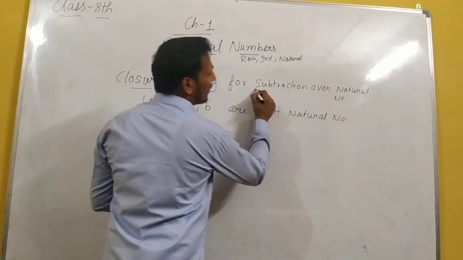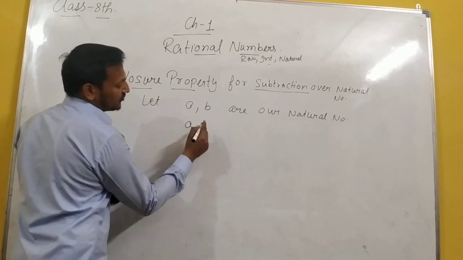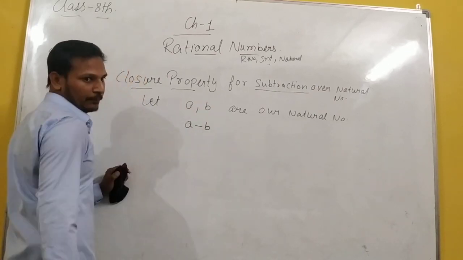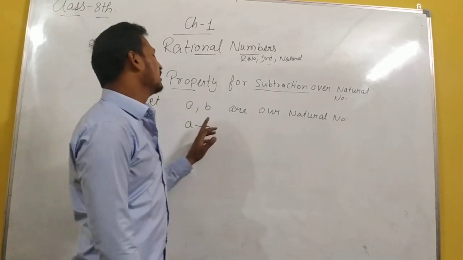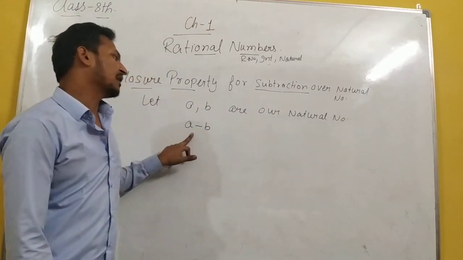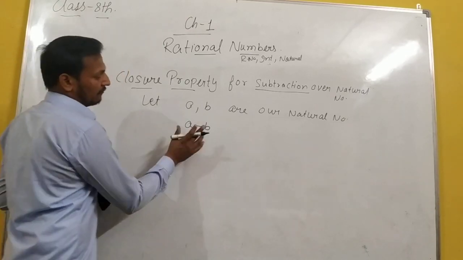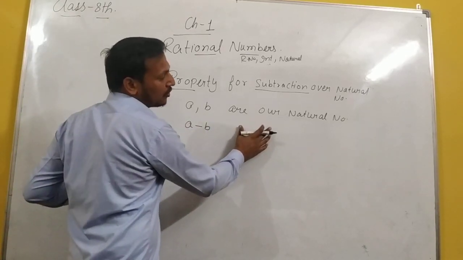Next, we go for subtraction: A minus B. Now think: if A and B are natural numbers, will A minus B be a natural number or not?